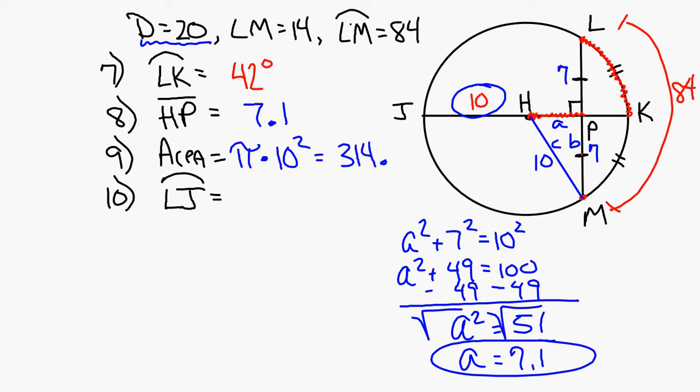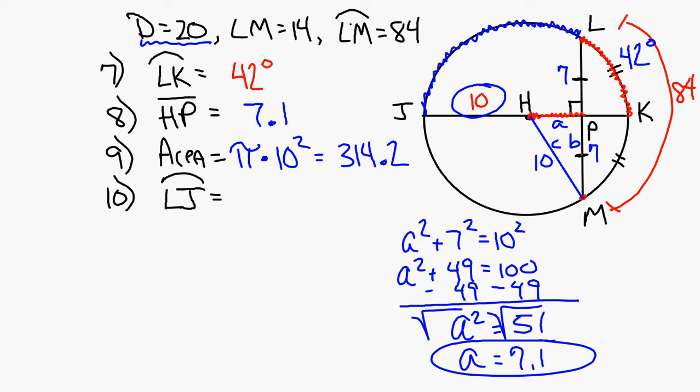And the last question is arc L to J. So L to J. Alright, you said earlier that L to K is 42. So if this much of the arc is 42 degrees, do you see how LK and LJ combined are a semicircle?